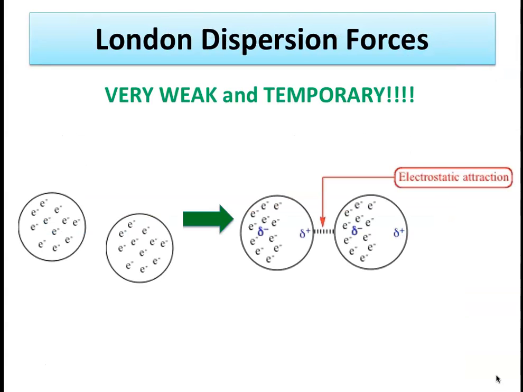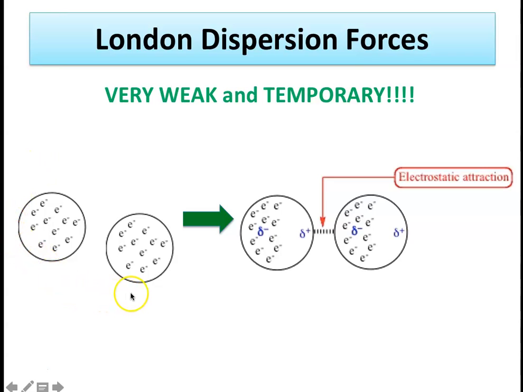All right. So looking at London dispersion forces first. Very weak, and they are temporary. So as you can see in the diagram on the left, these atoms have electrons in them and they're moving around.